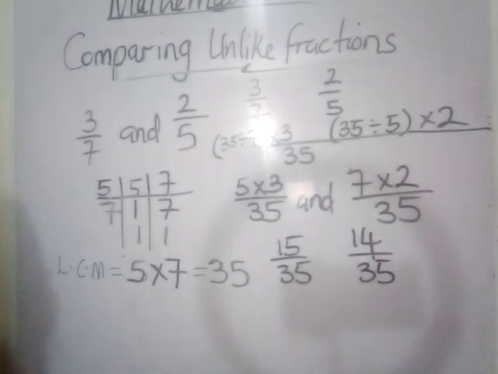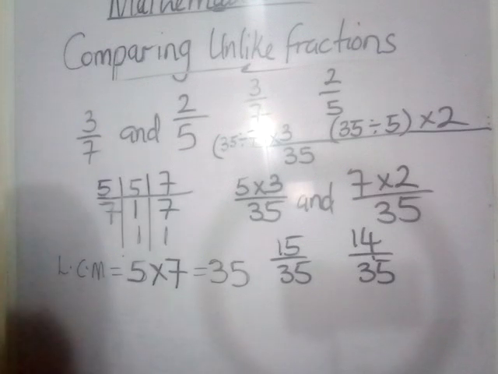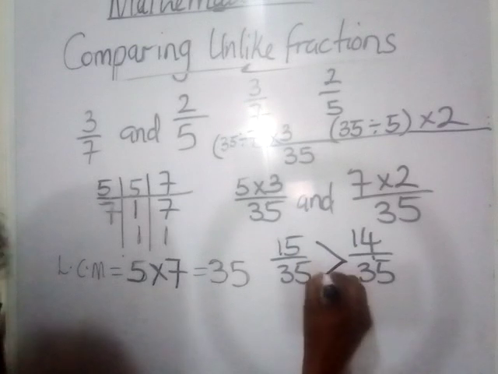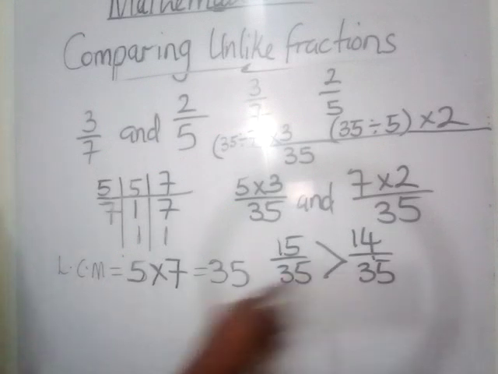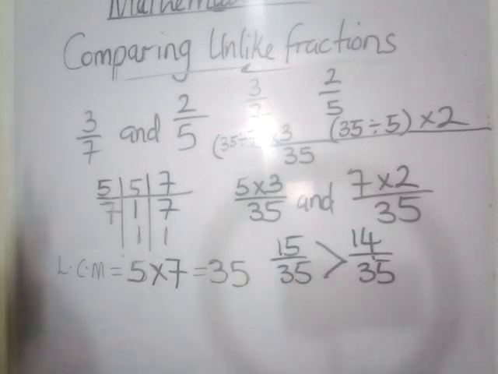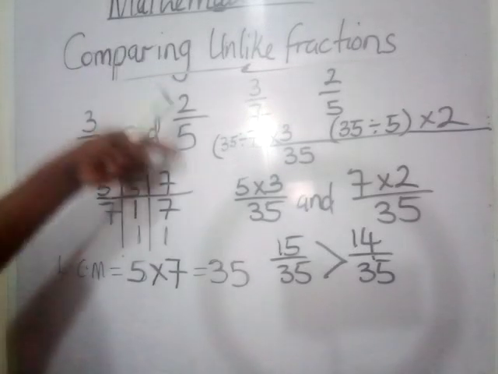And using what we have always known of like terms, we say that the bigger the numerator, the bigger the fraction. And we know 15 is bigger than 14, so that means 15 over 35 is bigger than 14 over 35. Okay, one more step. We can't stop here because these are not the fractions we are comparing. The fractions we are comparing are 3/7 and 2/5.